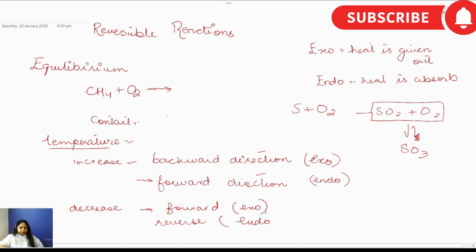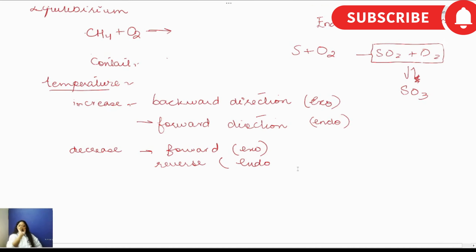One more thing. Now, this is easy to explain. If there is an MCQ, a multiple choice question, it won't be like this. The question would ask what will happen to the equilibrium if you increase the temperature, or which reaction is favored by an increase in temperature.